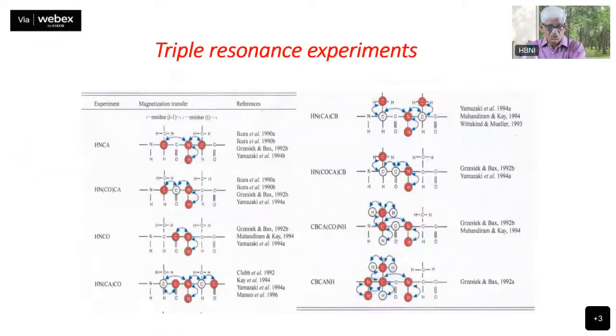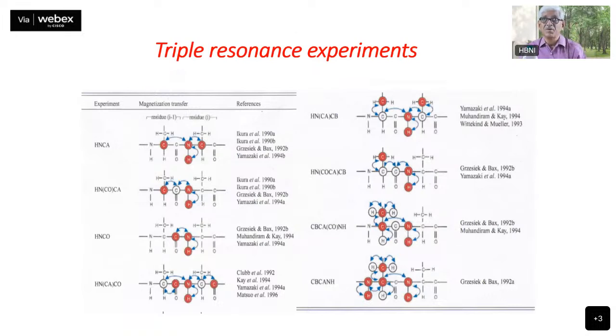So those were experiments where we had one heteronucleus and two proton axes. In those experiments, TOCSY HSQC and NOESY HSQC, we had one heteronucleus and two proton axes. Now we can go further to triple resonance experiments.